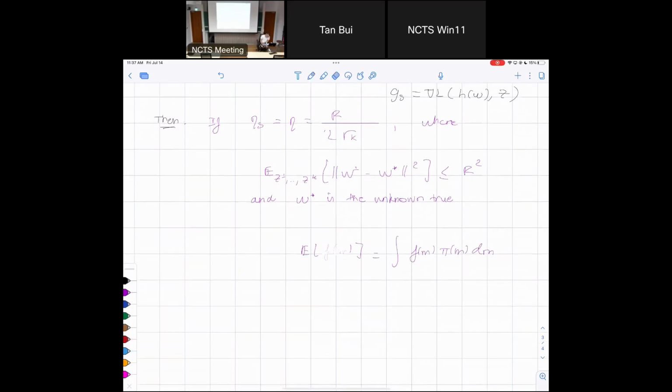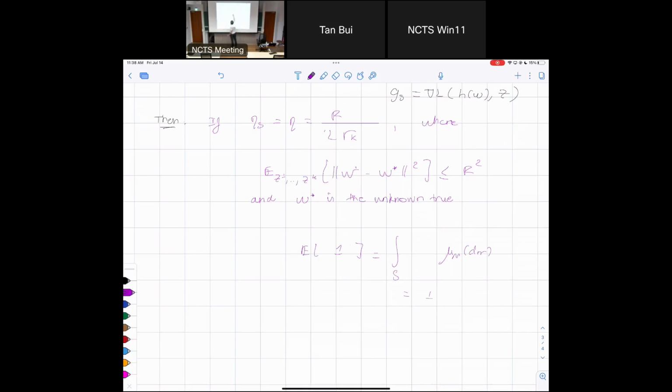If I replace f by 1, this becomes 1, and this is mu of m dm to be generic, over the whole state space, and we know this is equal to 1. Basically, if you take the expectation of something that does not depend on the random variable, you get 1 times that thing.